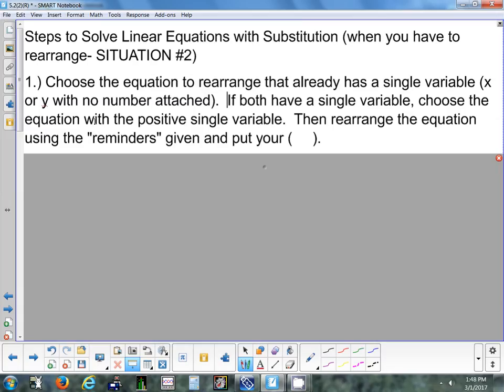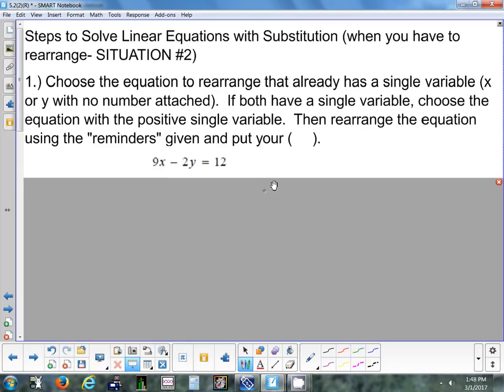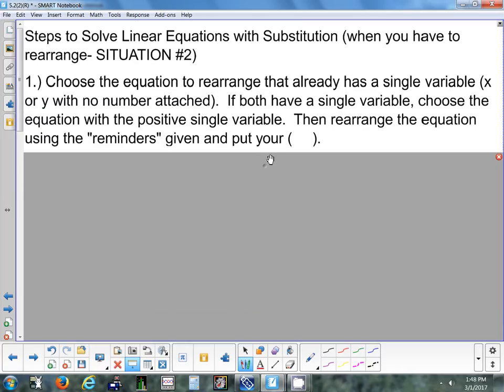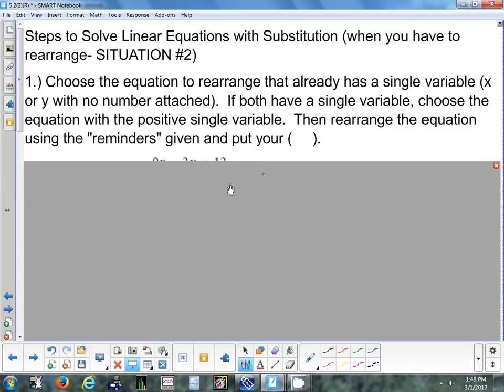All right? Now, if both equations have a single variable, I would choose the equation, if it's possible, that has the positive single variable. Say one had a negative y and one had positive y. No number attached, it's negative y or positive y.